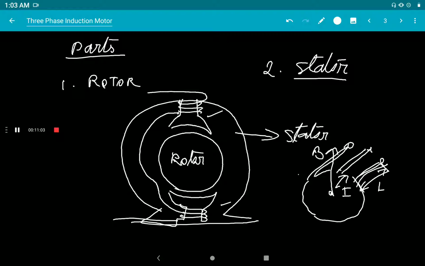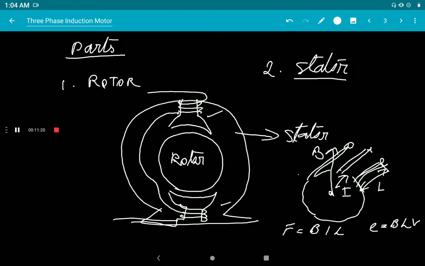This rotor experiences a force of magnitude F is equal to BIL.